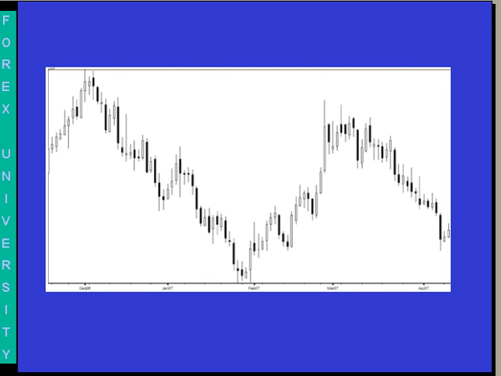If you don't get it, rewind, go back a little bit, and you'll see the difference. You'll see how plain the eye can pick up on the down movement with all of these black candles that push the price down versus the white candles where the price works its way up.